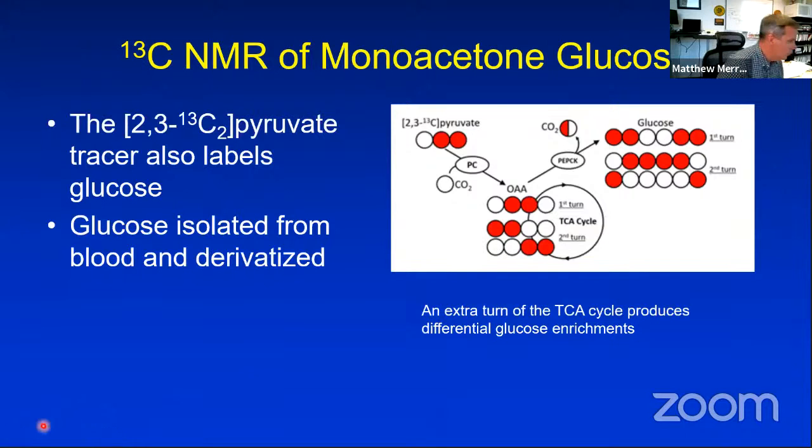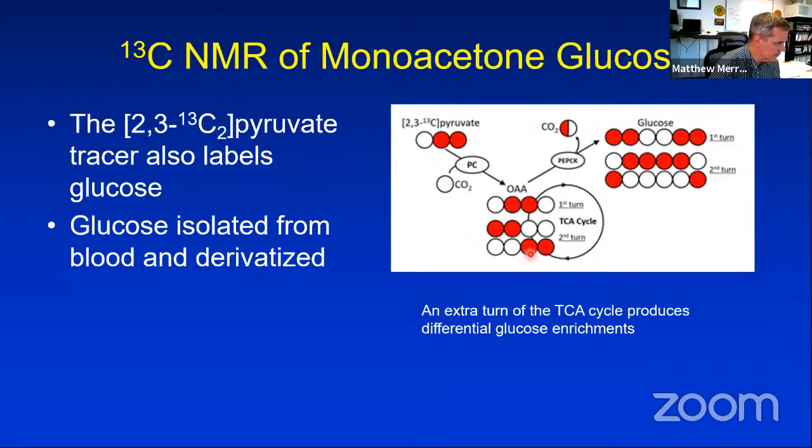But we really wanted to delve into this, make sure we weren't missing anything. So we can do the carbon-13 MR of the monoacetone glucose, not just the glutamate. So the blood is reading out the glucose isotopomers produced from this precursor.